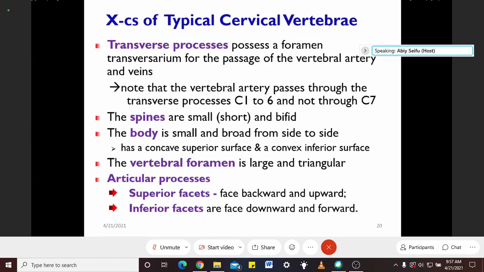In the typical cervical vertebrae, the transverse process is shorter, and there is also a foramen, the transverse foramen. This transverse foramen is used for the passage of artery and vein.